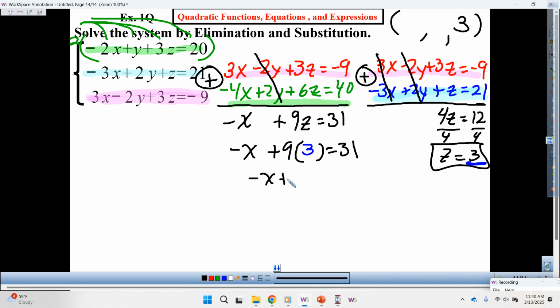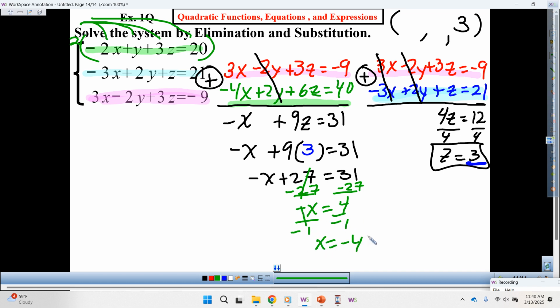So negative x plus 27 equals 31. Let's solve. Minus 27 minus 27. Negative x equals 4. Divide by negative 1. X equals negative 4.